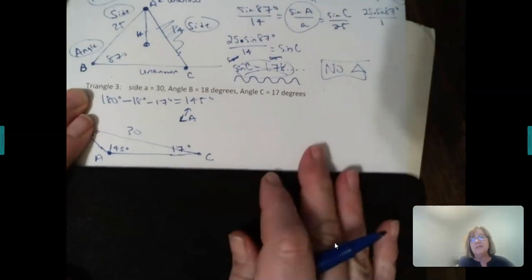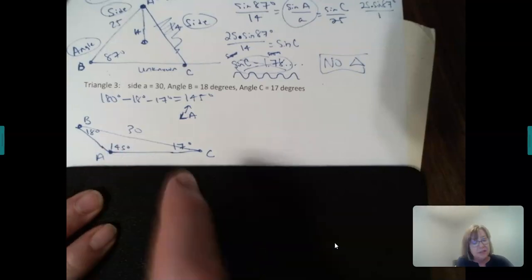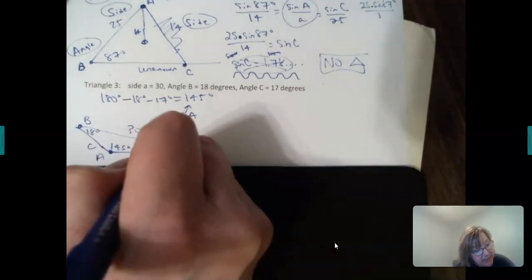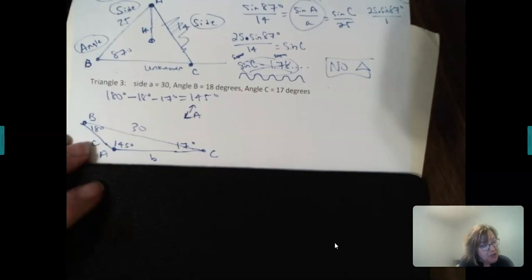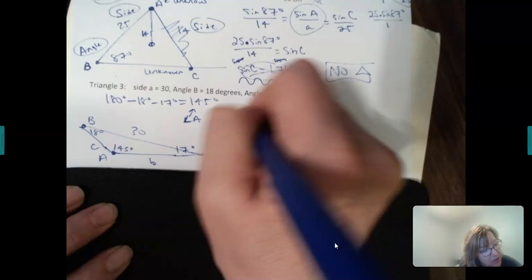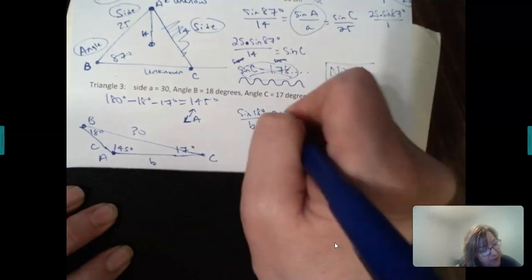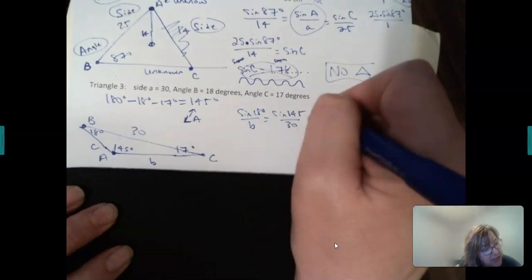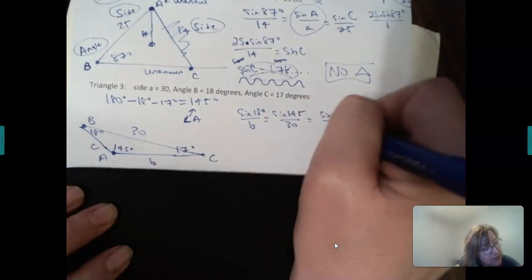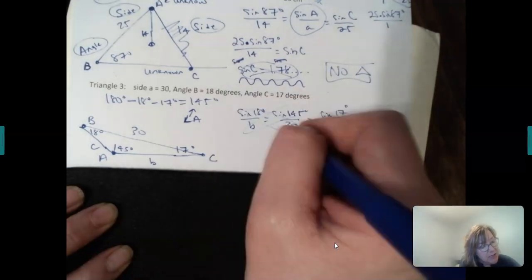All right, let's look at this guy. I subtracted to get the other angles. So what is this? Side C and side B. If you try law of sines, you could do sine of 18 over B, sine of 145 over 30, and sine of 17 over C. Again, I could cross multiply here.